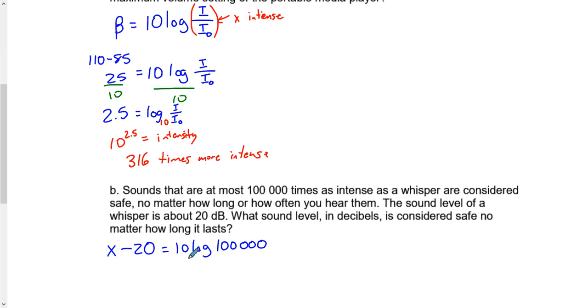The beautiful thing is, actually there are two things. First off, to solve for x, we just add 20. So it'll be 10 multiplied by the log of 100,000 plus 20.